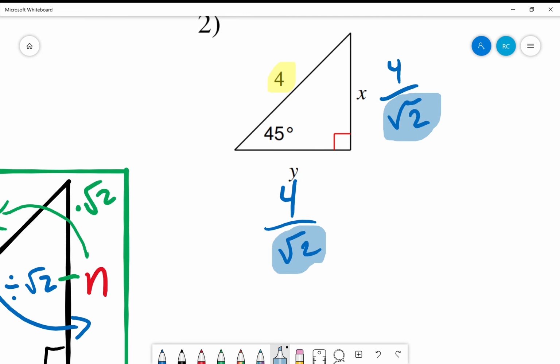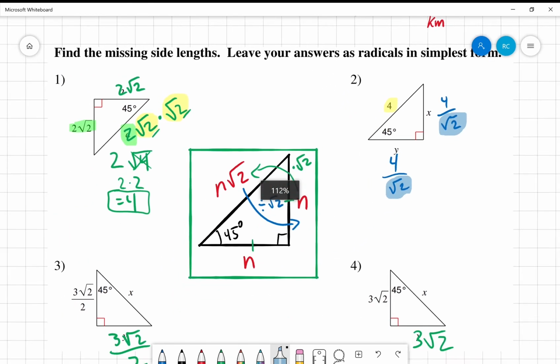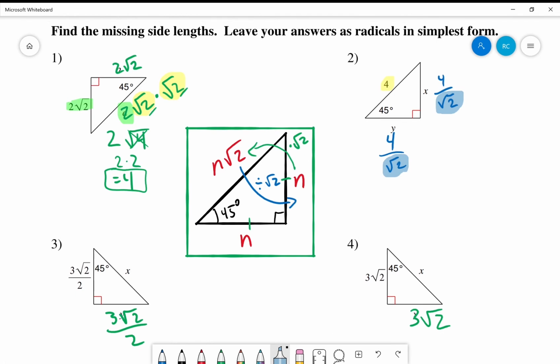So we are going to learn in a little bit later how to clean this up so that you can recognize it on a multiple choice problem. But for now, 4 divided by root 2, just leave it there. And again, don't get your calculator out, don't give me decimals, not unless it is a word problem.